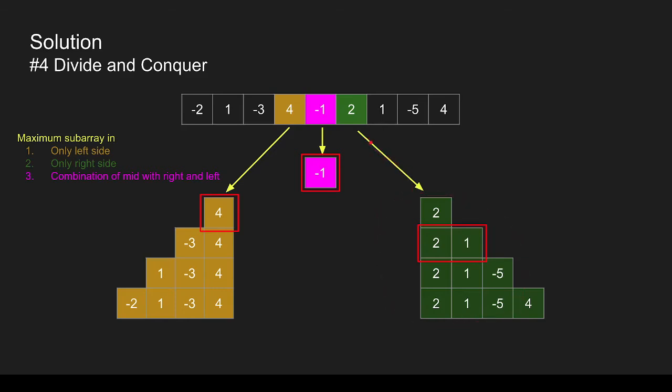For example, in this example, -1 will be included in the left and right side maximas of 4 and 2, 1 respectively. Recursively, we look at both the left side and the right side of the element to find the maximum subarray. I know this is confusing, but I think it will be more clear after we are done with the execution of one example.